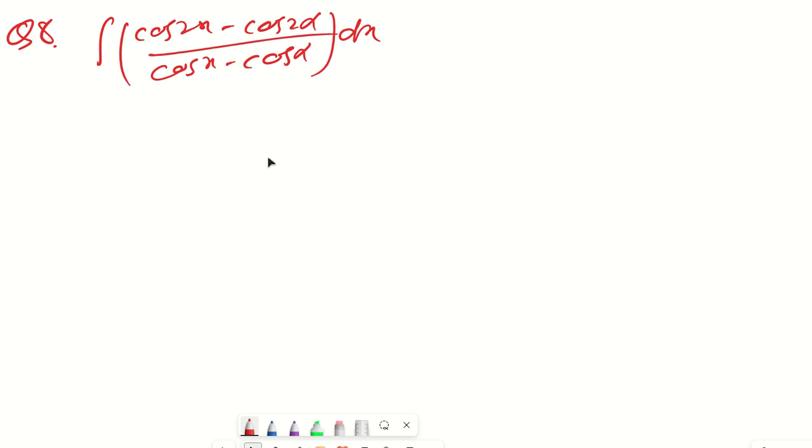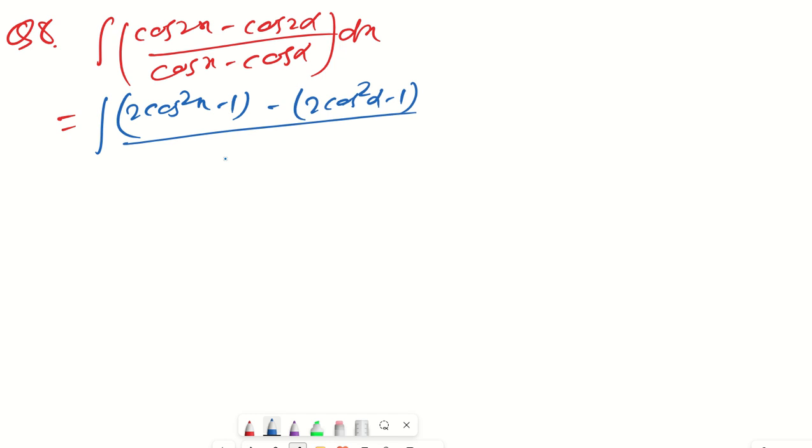Okay, so can we do this one thing, that we already know that cos 2x is 2 cos square x minus 1. So same formula we can try to put it, right? So cos 2x is 2 cos square x minus 1, minus, again I can write down, 2 cos square alpha minus 1, divided by cos x minus cos alpha dx.